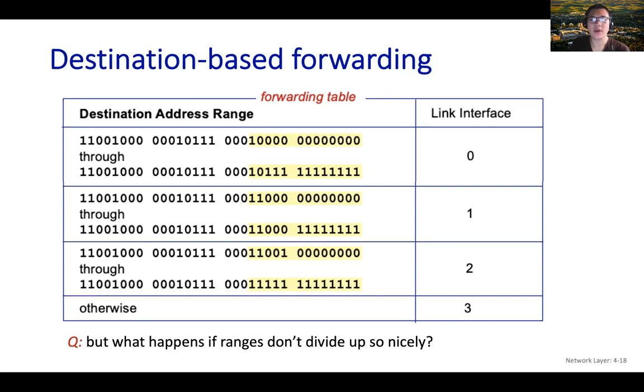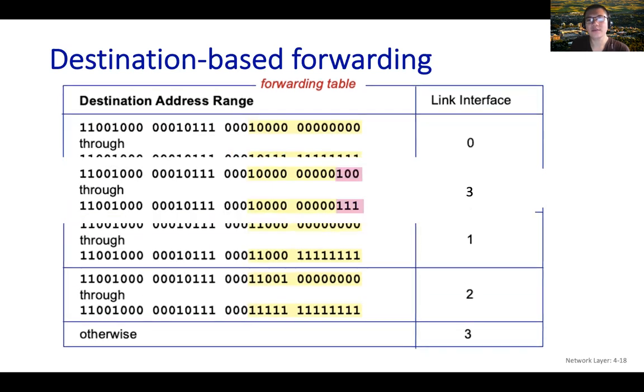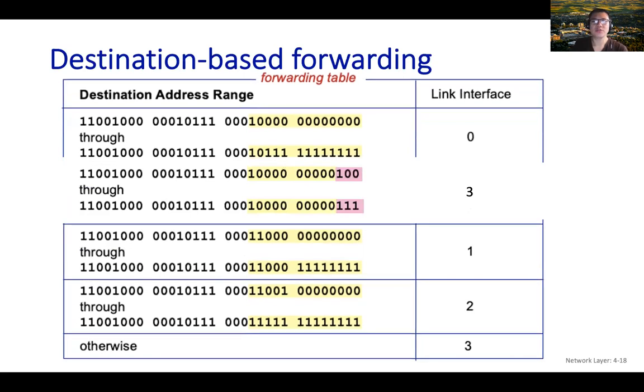What happens if the ranges do not divide up so nicely, right? What if, for example, something originally needed to be allocated to link interface 3, but now is allocated to link interface 0, right?